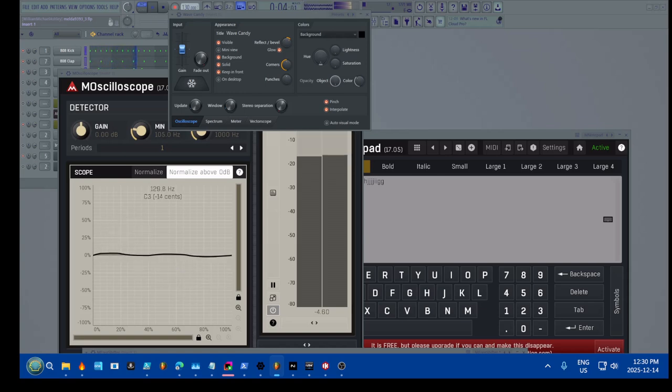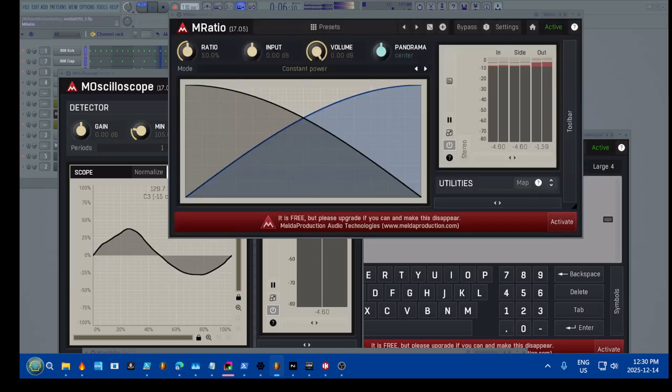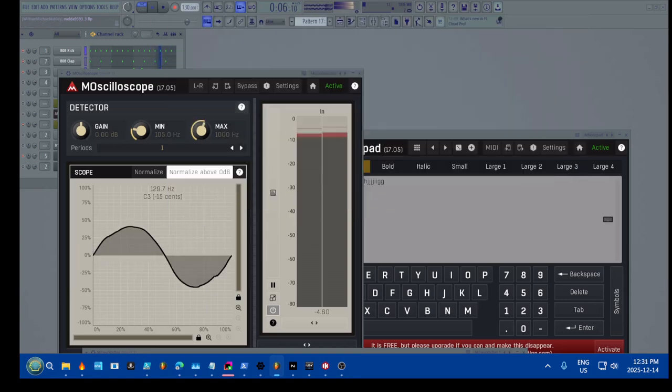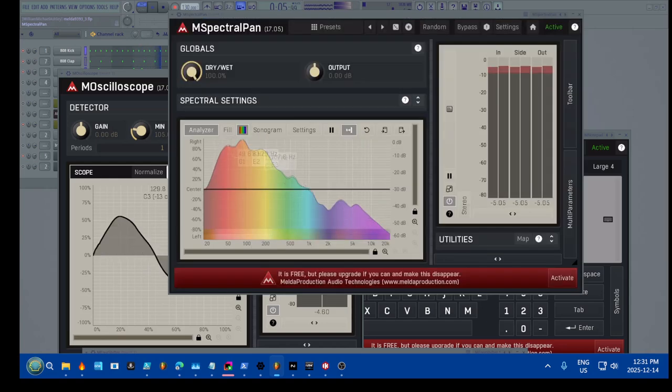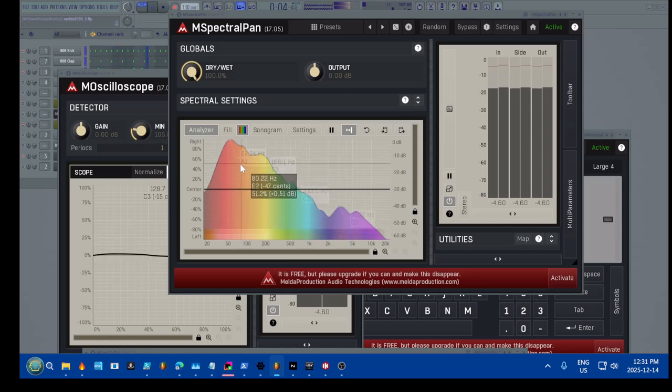So not the spectral, but these ratio plugins. Again, complex filters or reduced filter types that can be really CPU load intensive. These are more things that you might want for your upper frequencies.